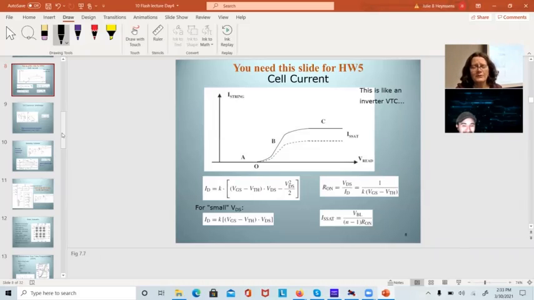So for homework 5, if we want to look at this device, this is a voltage transfer curve for the floating gate transistor. There are 3 regions of operation here. What we're plotting is voltage on the x-axis and current on the y-axis.